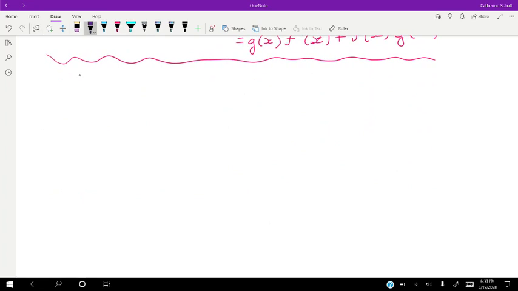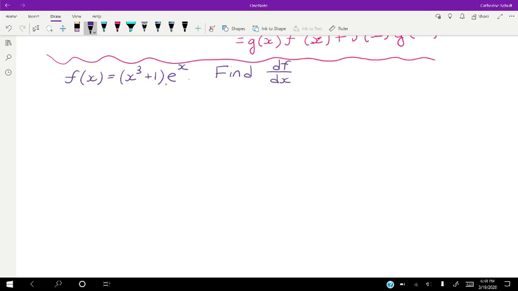All right, so let's say we have a function and we wanted to find the derivative. All right, let's say it's df dx. Okay, so let's look at this. We want to find the derivative, and what do we notice about the function?